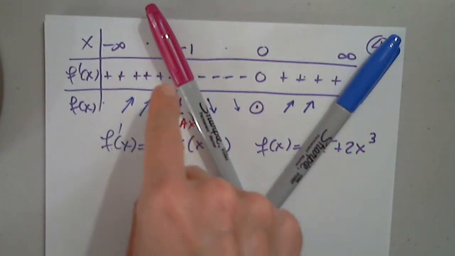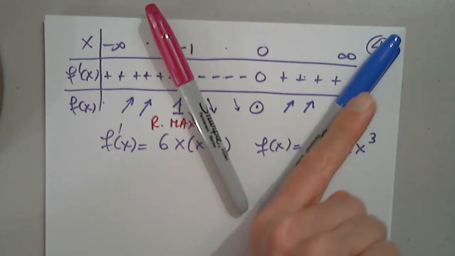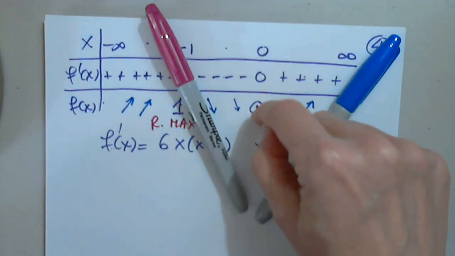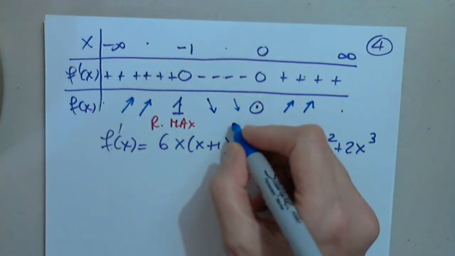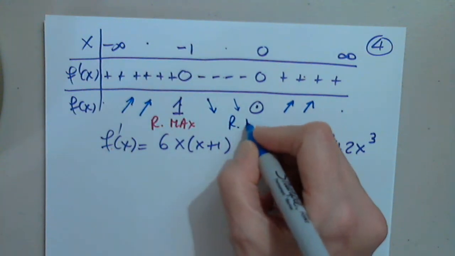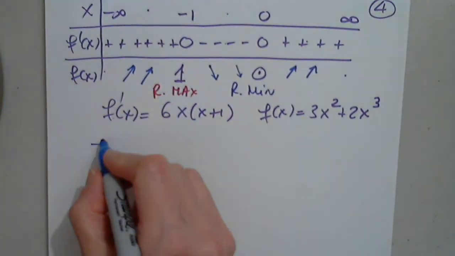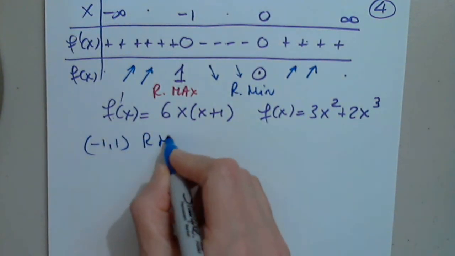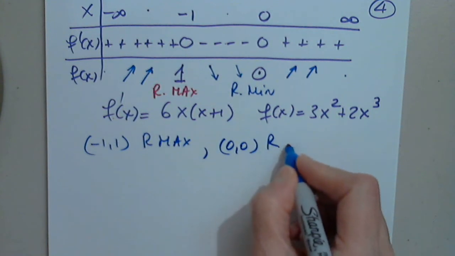The derivative, then 0, 0 here, and then the derivative. What type of point is 0, comma 0? That's a relative minimum. So we found that this function has negative 1, 1 relative max and has 0, comma 0 relative min.